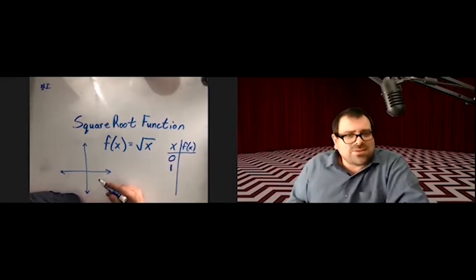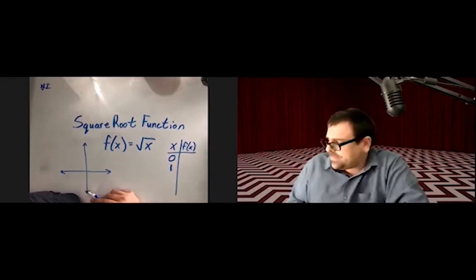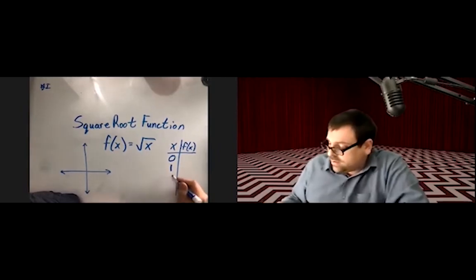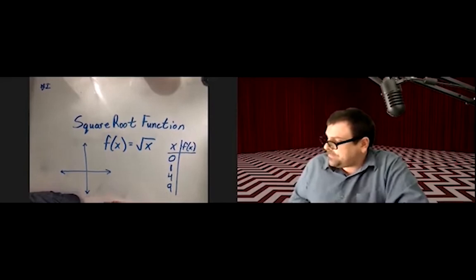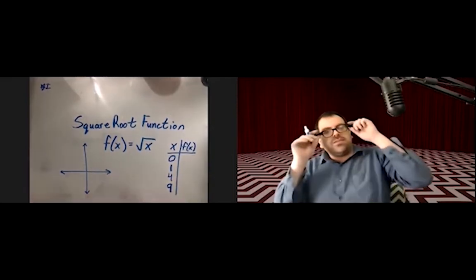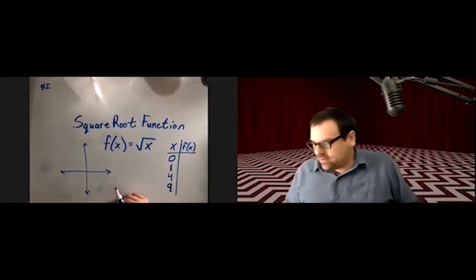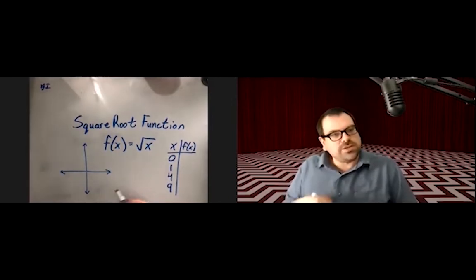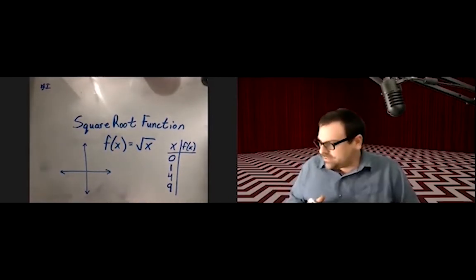That's not going to be nice to graph. What's the next thing I can take the square root of? 4. And then 9. If I wanted another point, I'd pick 16, and then 25, and then 36, and then 49. Because square roots of perfect squares, those are nice numbers.